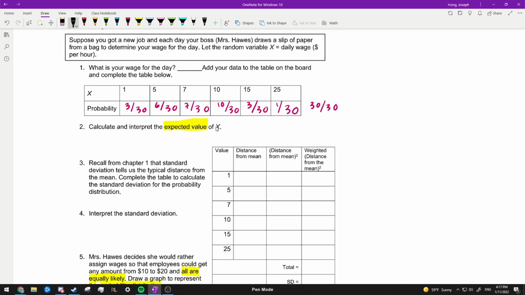We have to interpret and calculate the expected value, the equation we learned last class, which is mu equals the summation of the possible x values multiplied by their probability. For example, 1 times 3 over 30 plus 5 times 6 over 30, and so on.